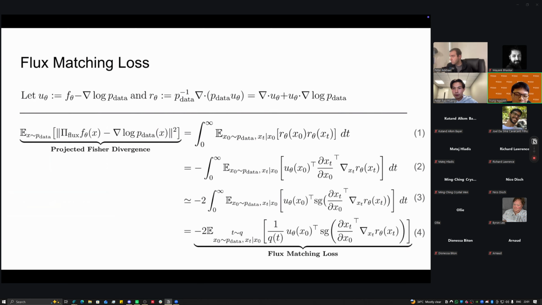So just one last question. In the definition of function R, you have the term p to the power of minus one. The purpose is to get the divergence of p times u equals 0.